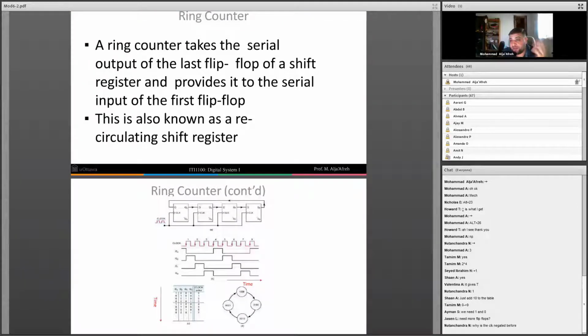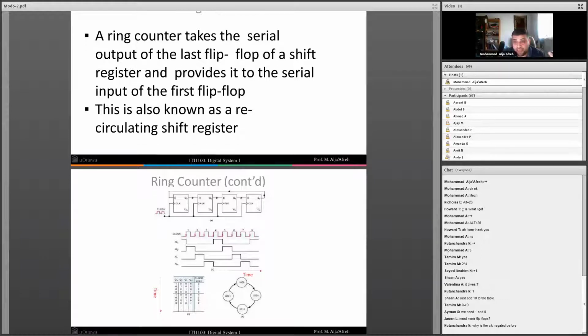Therefore the state diagram will be what, guys? If we started at 8, after that we're gonna go to 4, after that to 2, and after that to 1. You're dividing by 2 because this is a shift to the right. If I do it the other way, I'm gonna multiply by 2. So assuming that we have 1, it's gonna be 1, 2, 4, 8, and back to 1. That is the ring counter.